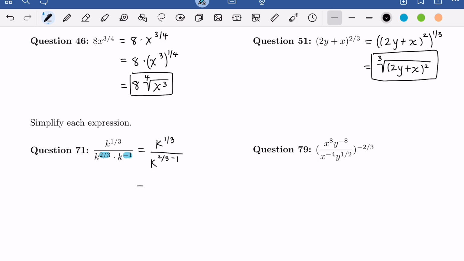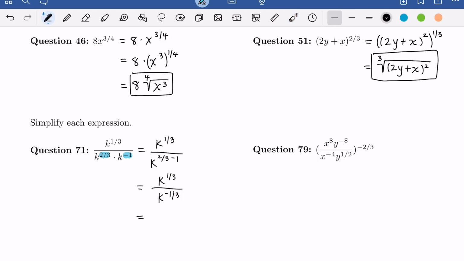So this is going to be the same thing. We have k raised to the 1/3 power here, and then 2/3 minus 1 is going to give us -1/3. So we're going to have -1/3 in our denominator. Now another exponential rule says that if we are dividing two exponential expressions here that have the same base, we can subtract their exponents.